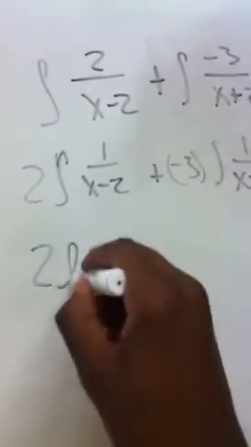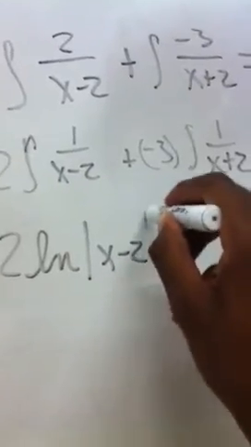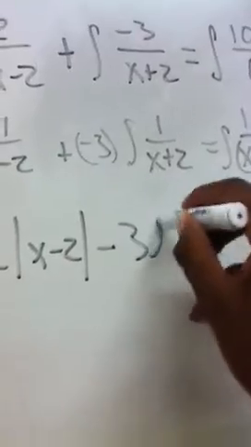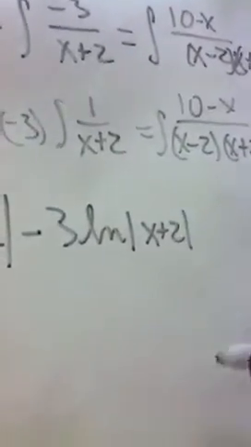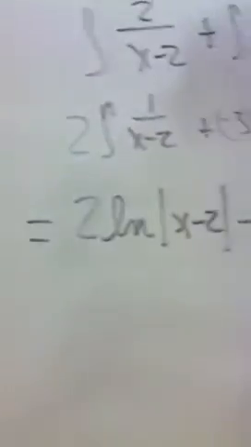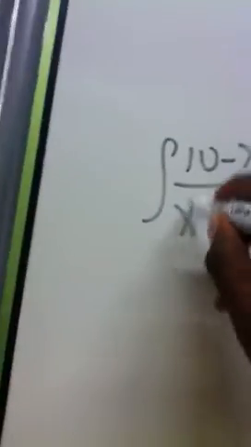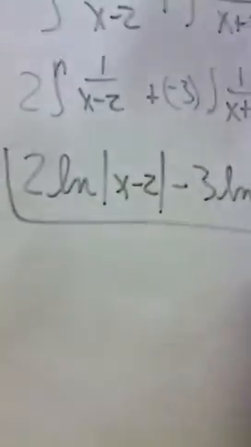So it'll be 2 times ln of the absolute value of x minus 2 minus 3 times ln of the absolute value of x plus 2. And that, if you can just write this over here, is the integral of 10 minus x over x minus 2 x plus 2, or x squared minus 4. So this is your final answer.